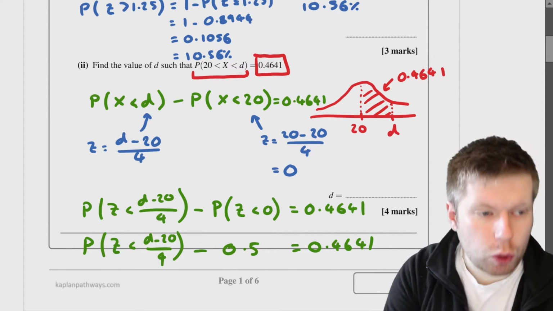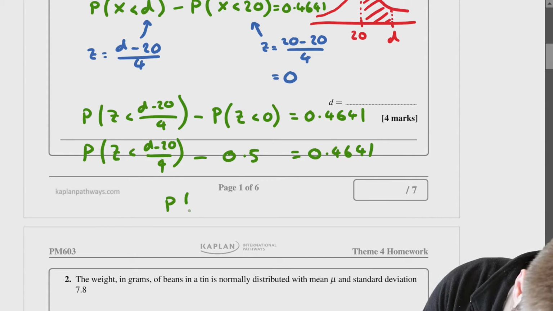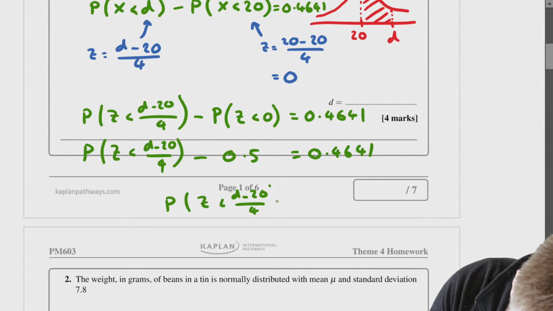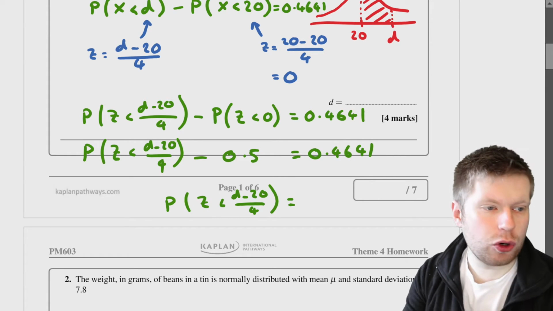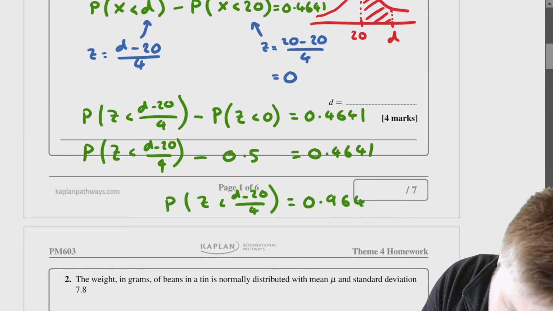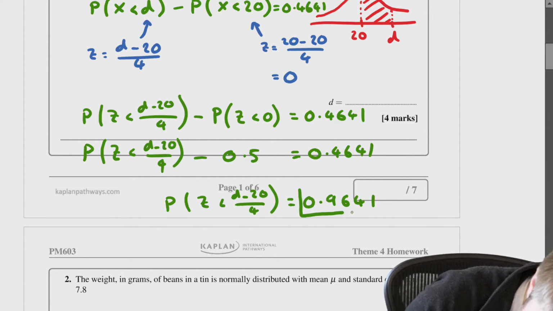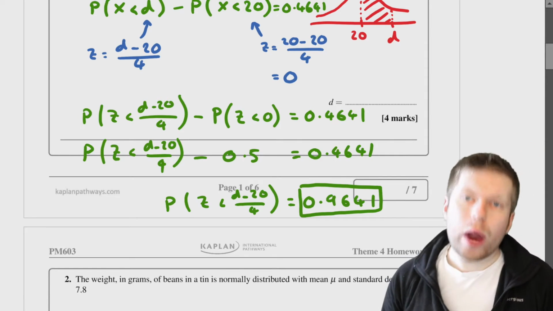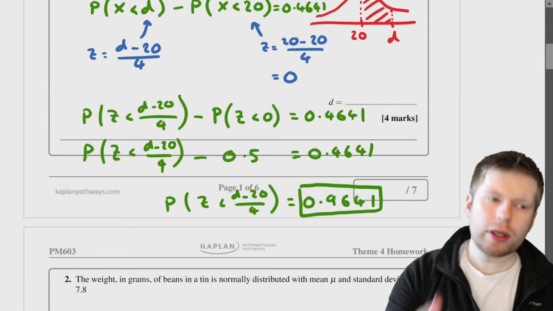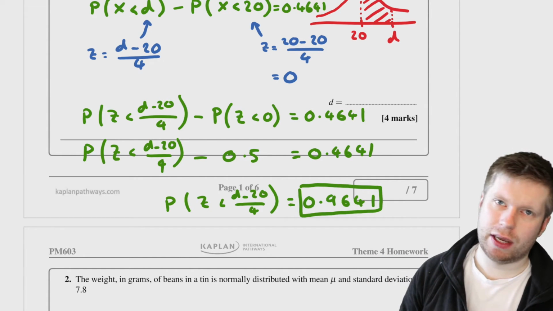I'm going to add 0.5 to both sides, because then I'll just be left with the probability that z is less than d minus 20 over 4 should be equal to, if I add 0.5 to both sides, 0.9641. Now all I need to do is look in my tables and ask: how many standard deviations should I be looking at if I'm looking at a value which is 0.9641 units of standard deviation from the mean?